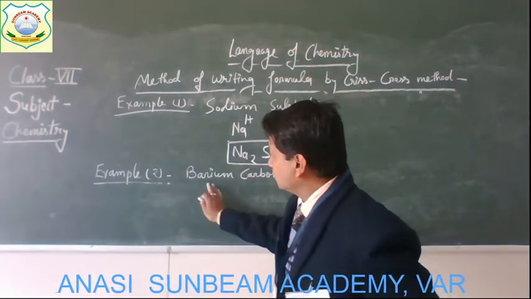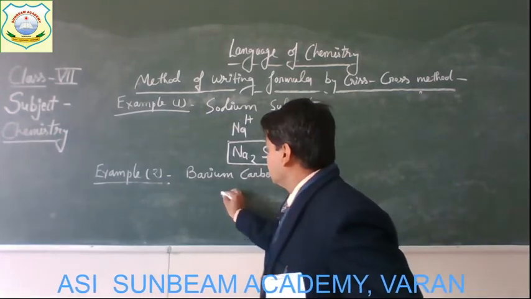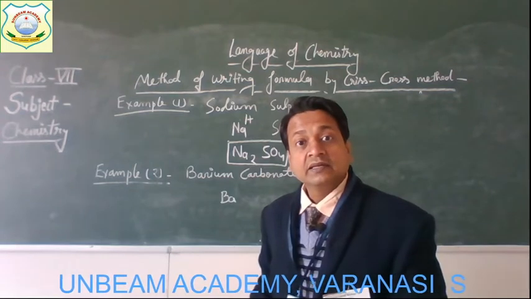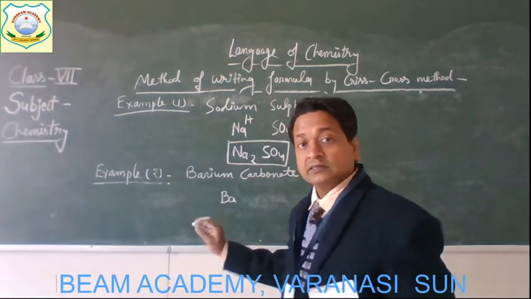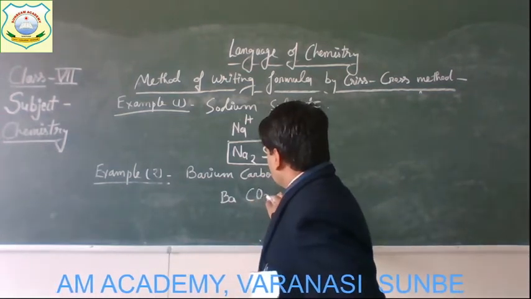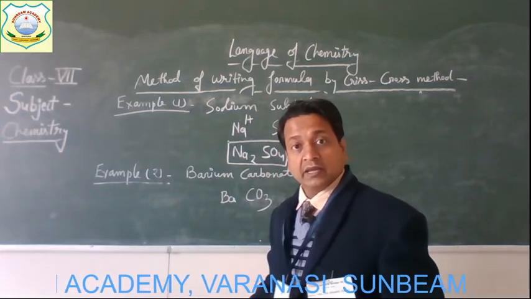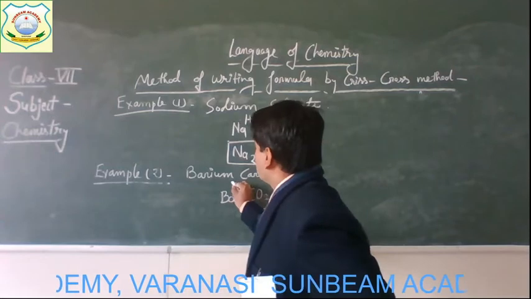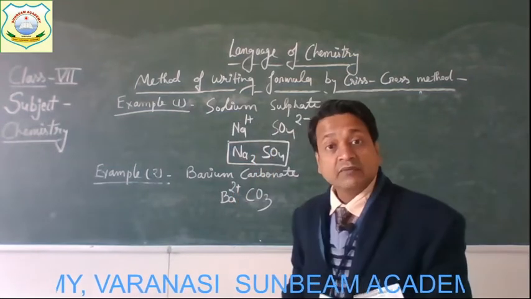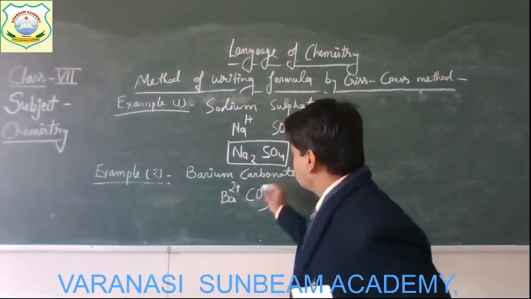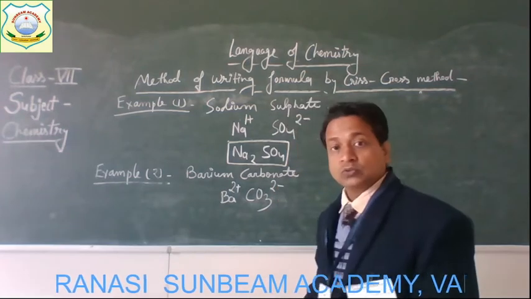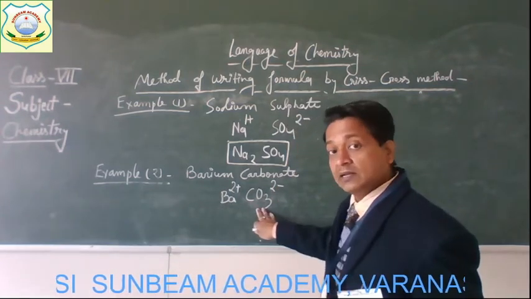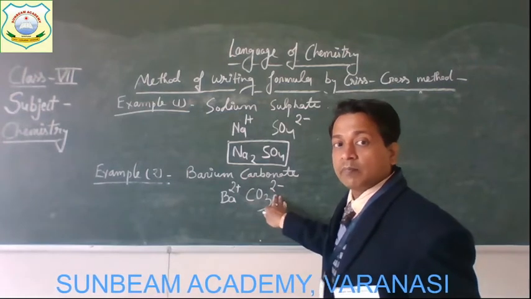The symbol of barium is Ba, and carbonate is CO3. The valency of barium is +2 and the valency of carbonate is -2. So these symbols are written with the valencies at their top.